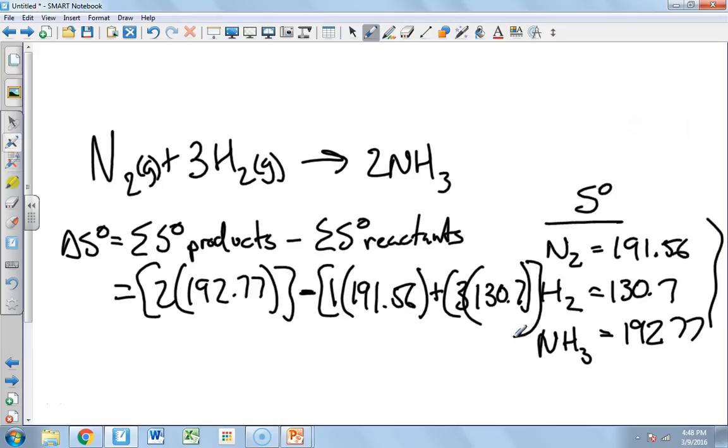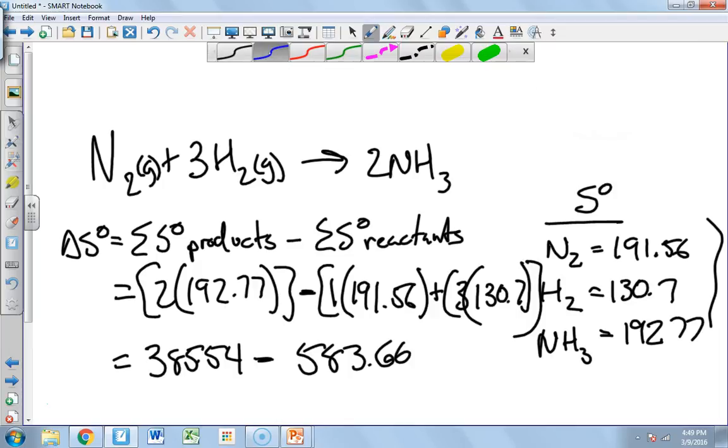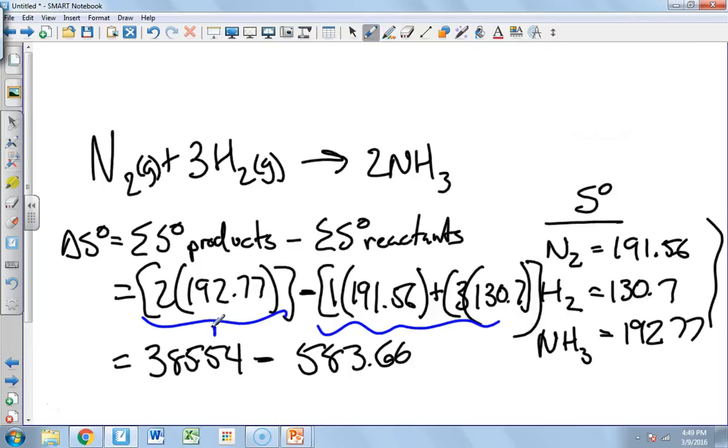So this becomes 385.54 minus 191.56 plus 3 times 130.7. And when I do that, I get 583.66. I take this, get the answer there, and now I can do the next step of math.